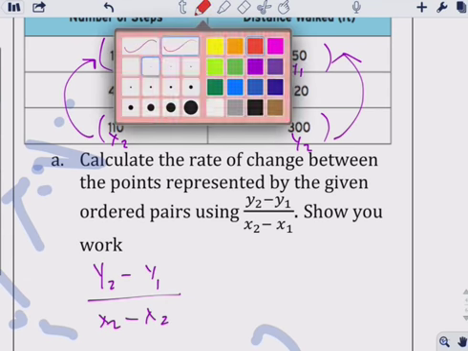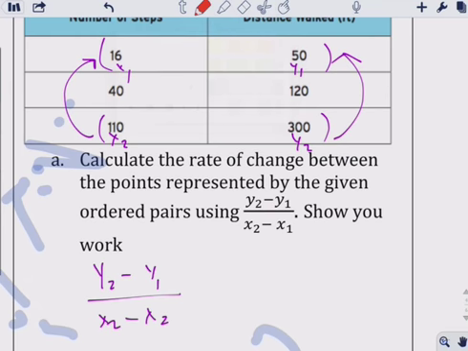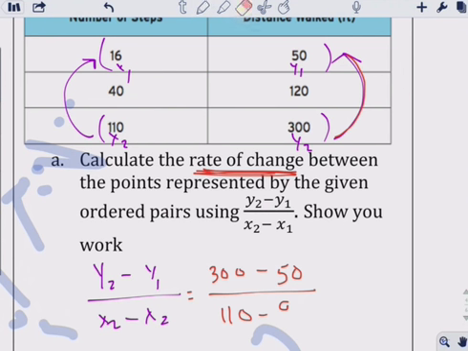Okay. It's a rate of change, and that's what a rate of change is, basically slope. How much things are changing, how much y is changing, and how much x is changing. In this case, y2 is 300 minus 50, y1, and then x2 is 110 minus 16.